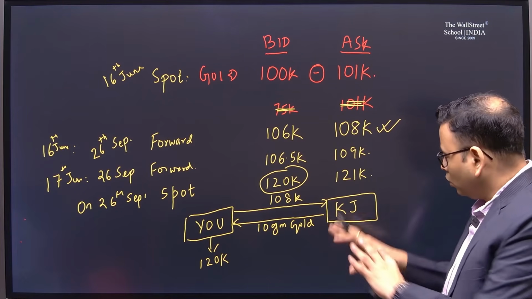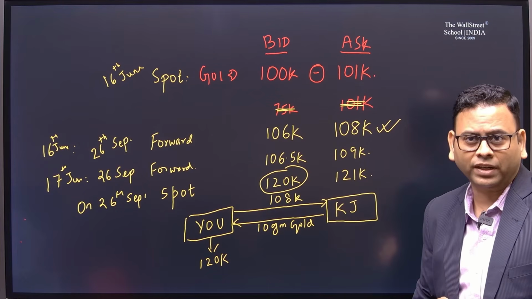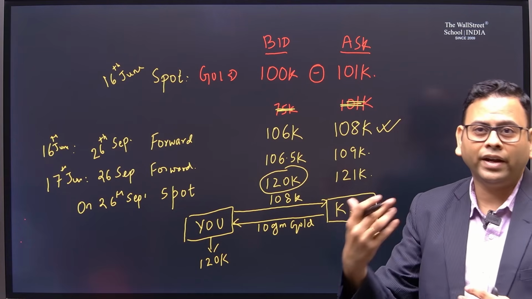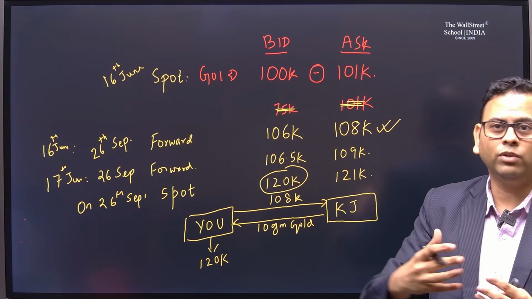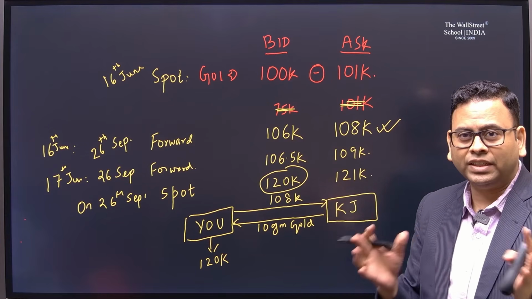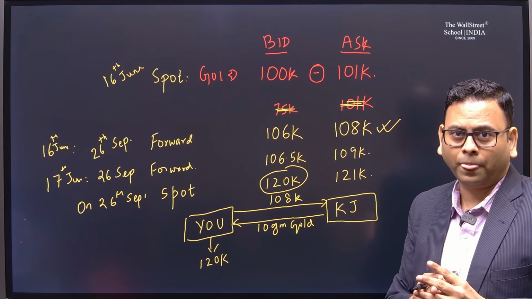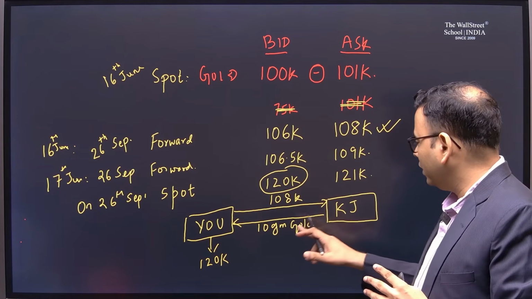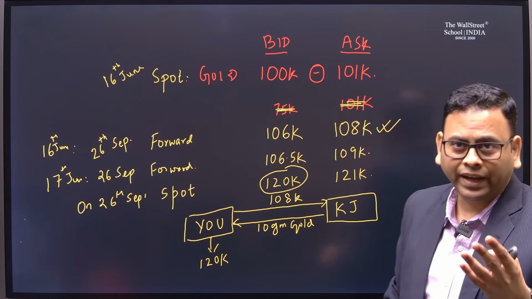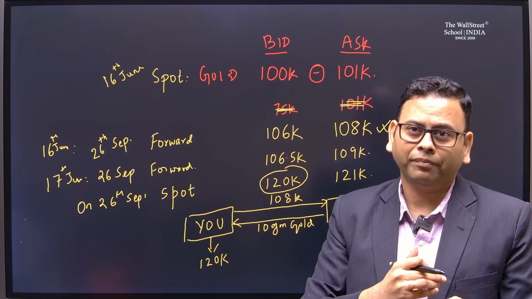Now, although this looks good from understanding perspective, but in real life what happens is, it is not that you will pay 108, you will get 10 grams of gold and you will again sell it in the market. So, this transaction is netted off, which means effectively it is like you are paying Kalyan Jewellers 108 and you are getting 120.